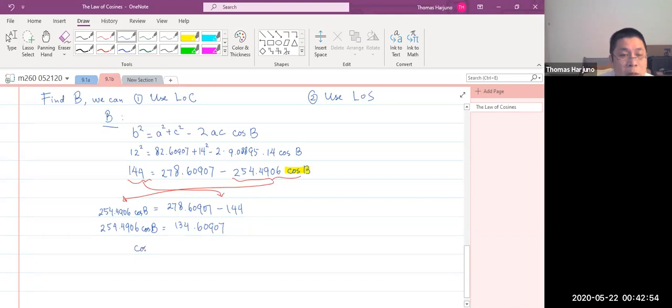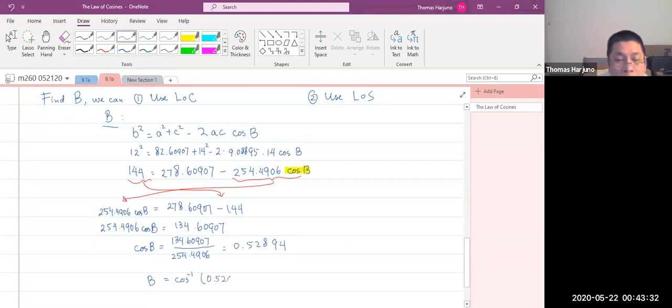So cosine B is equal to 134.60907 over 254.4906. I get 0.52894. So B is the cosine inverse of that number.